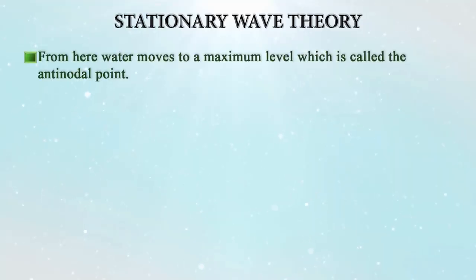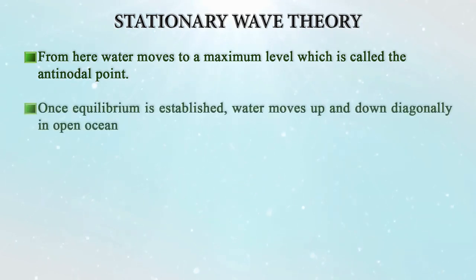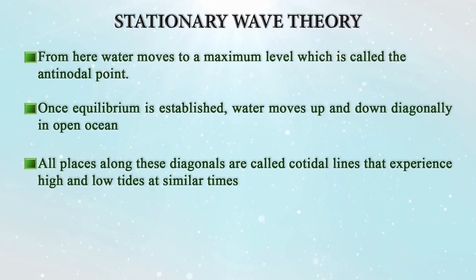From here water moves to a maximum level which is called the antinodal point, and once equilibrium is established, water moves up and down diagonally. In open oceans water will move like this. So all places along these diagonals are called co-tidal lines. There are several amphidromic points and water is moving diagonally towards the coastal area along these amphidromic points.